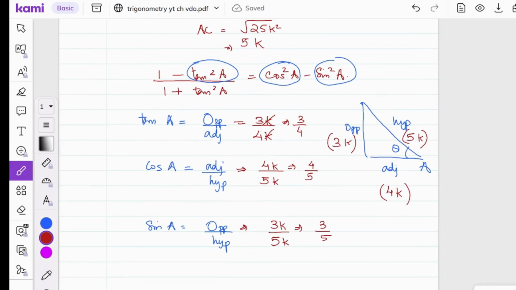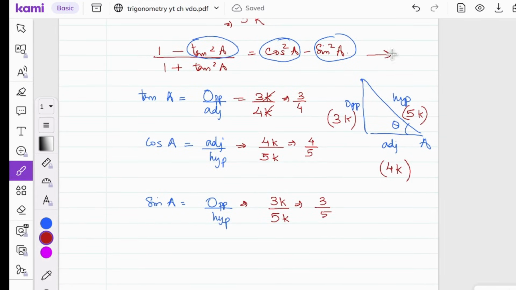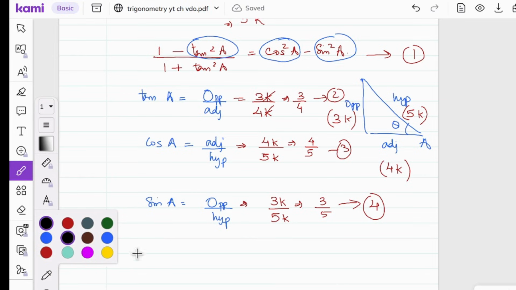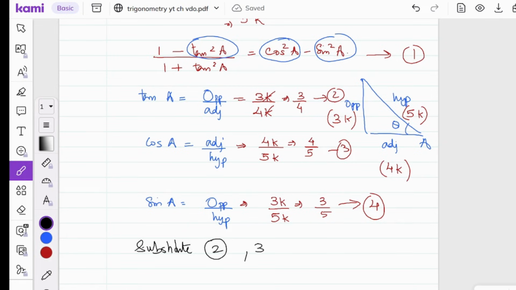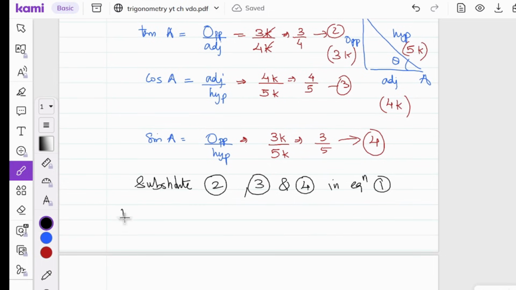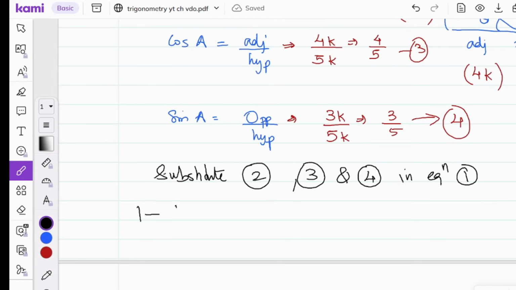So let me substitute all these values into my equation. Let this equation be equation 1, this is equation 2, 3, and let this be equation number 4. What I have to do is substitute 2, 3 and 4 in equation 1. My equation is 1 minus tan square A by 1 plus tan square A equal to cos square A minus sin square A. What is tan here?